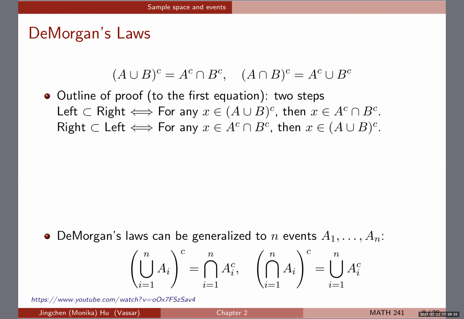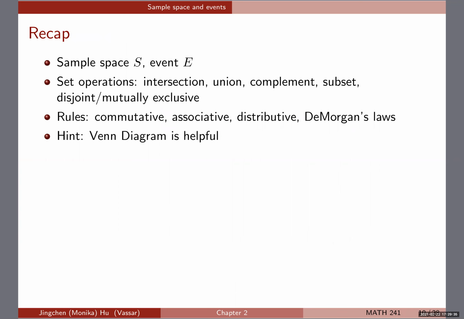It's a YouTube link. To recap what we have talked about in these two videos, we defined sample space and then a subset of it as an event. The set operations or set theory that we have introduced: intersection, union, complement, subset, as well as mutually exclusive events and disjoint events, which are the same.